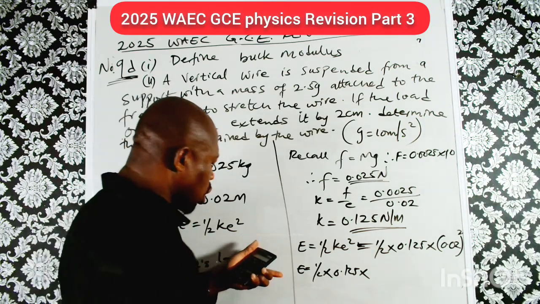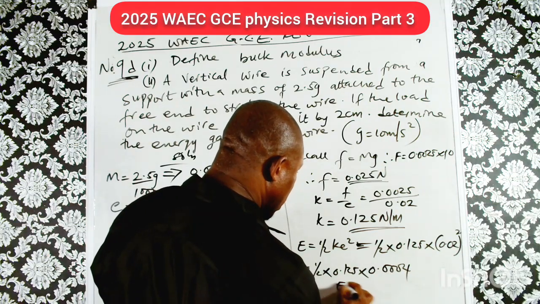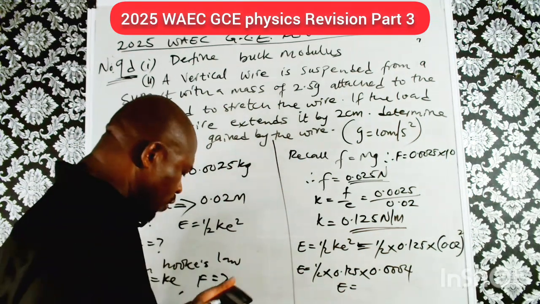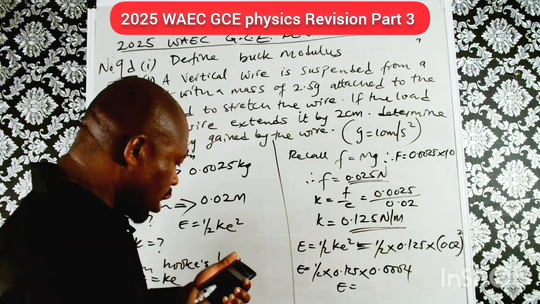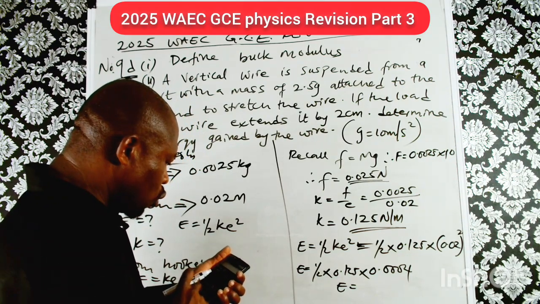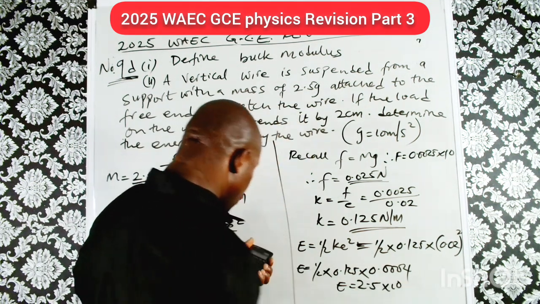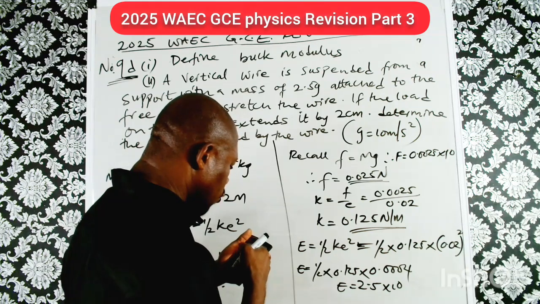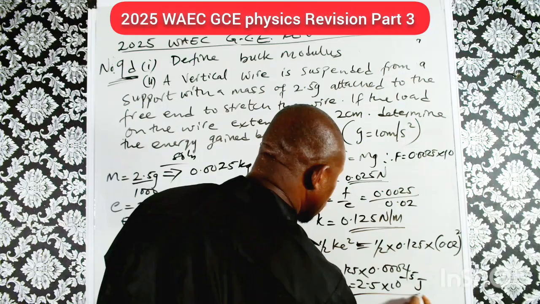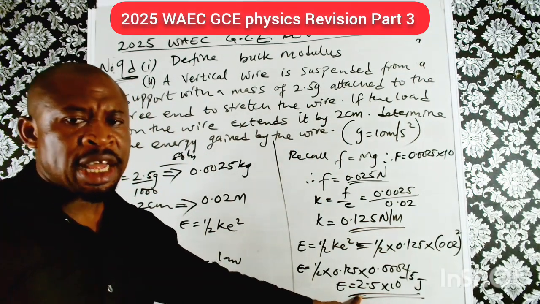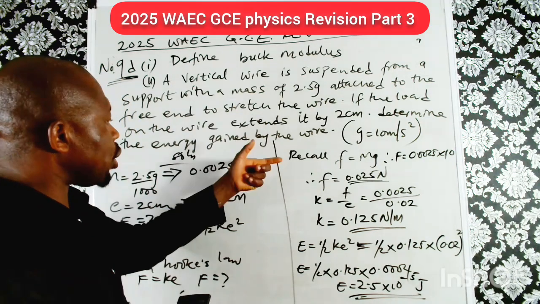The value of 0.02 squared is 0.0004. Multiplying everything, 0.0004 multiplied by 0.125 divided by 2 gives us 2.5 times 10 raised to power minus 5 joules. This is the value we have for the energy stored.